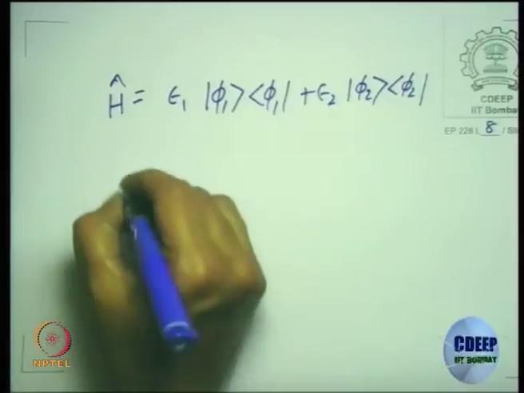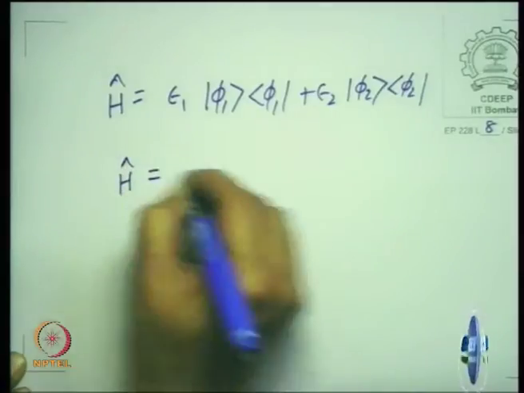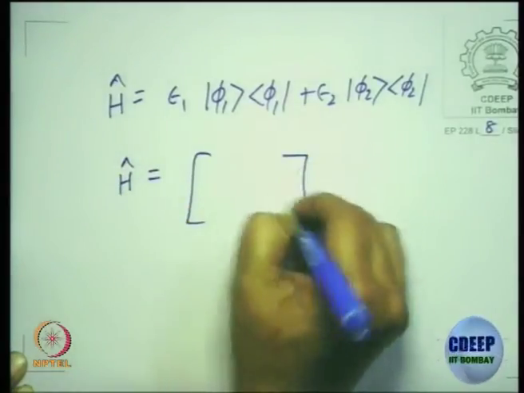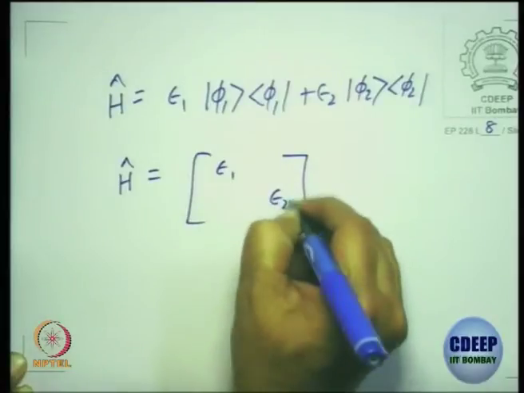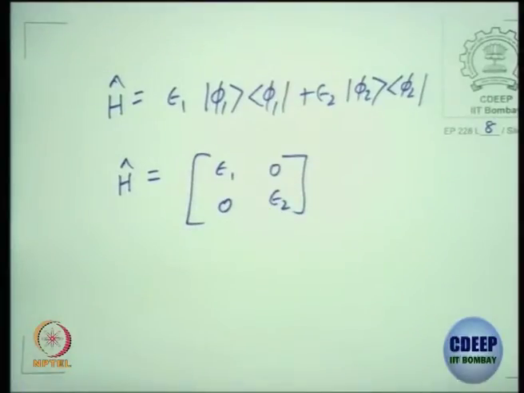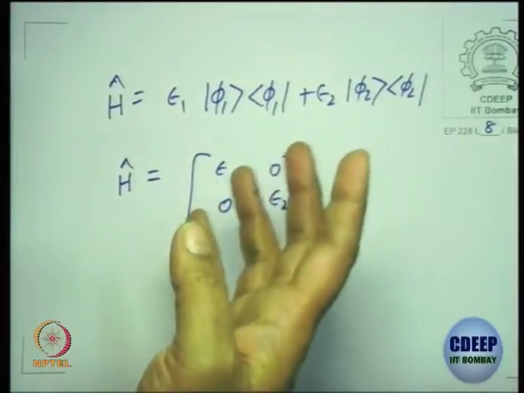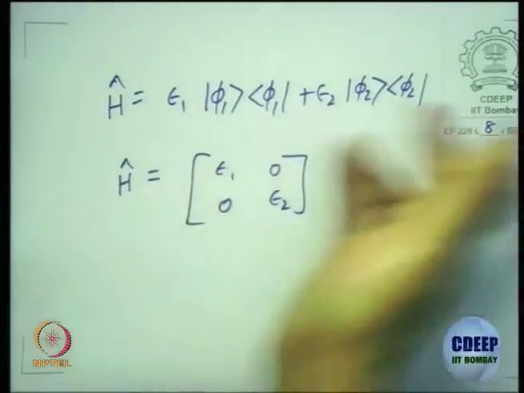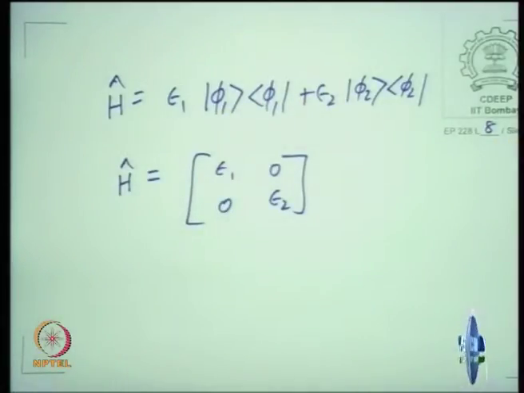So, the matrix representation for this can be written as a diagonal matrix with the off diagonal terms being 0. So, you need to be able to read, given any operator in this notation, what it actually means if you put it as a matrix representation. You should be able to read from there whether it is diagonal or off diagonal.